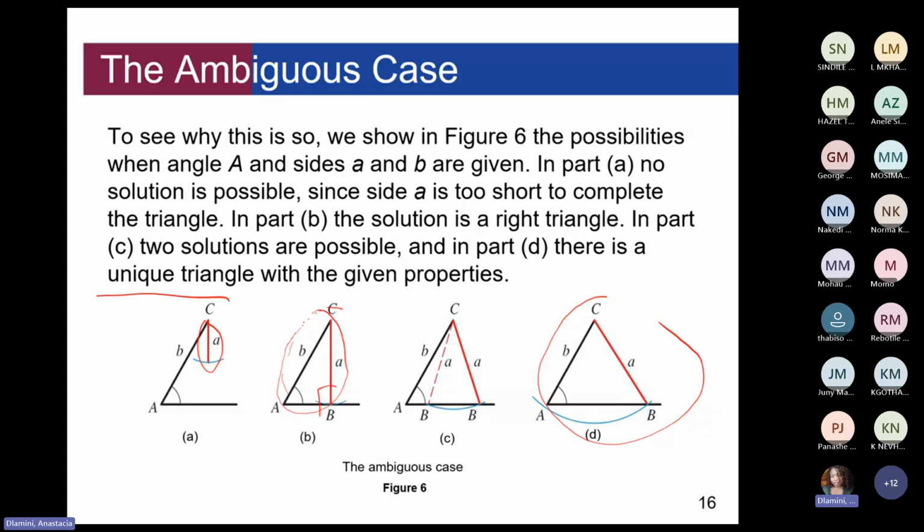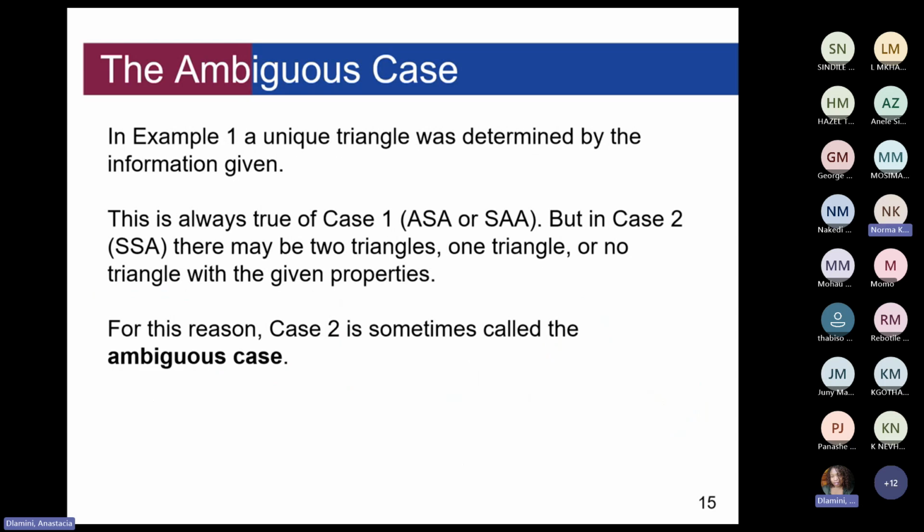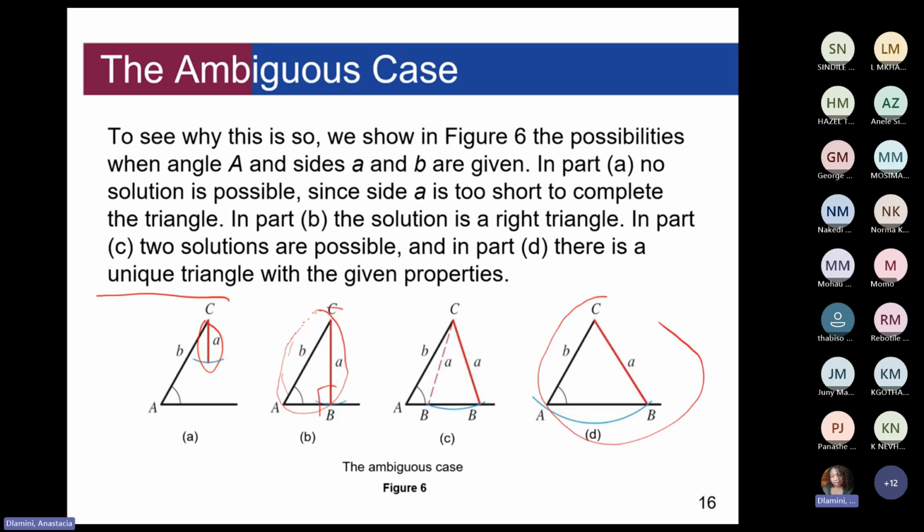But they're saying that if you are given 2 sides and an angle, it's an ambiguous case, because maybe if you go and draw those sides, or you calculate those sides, you might find that one of the sides is too short to even form a triangle. Do you see that?